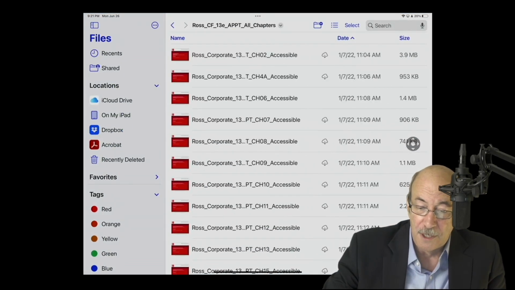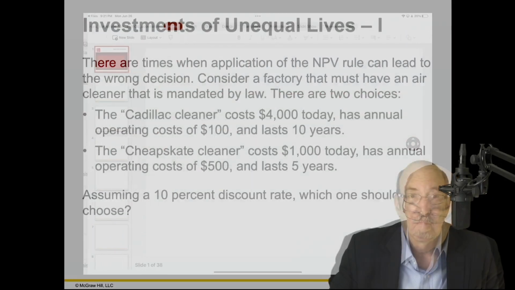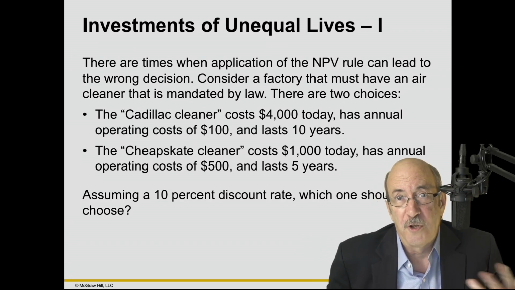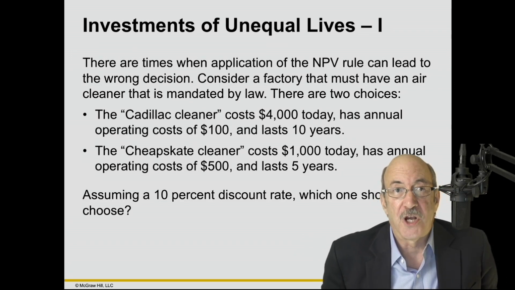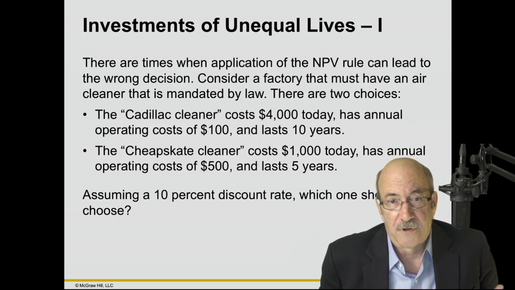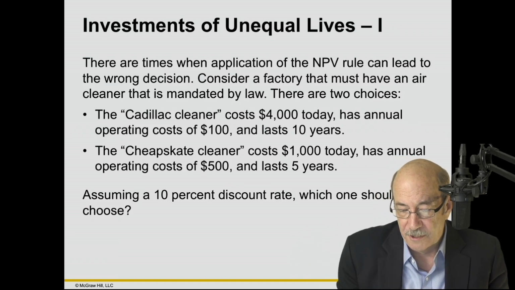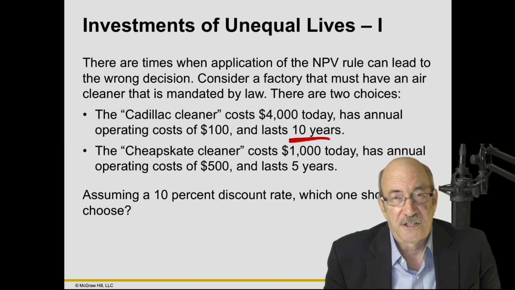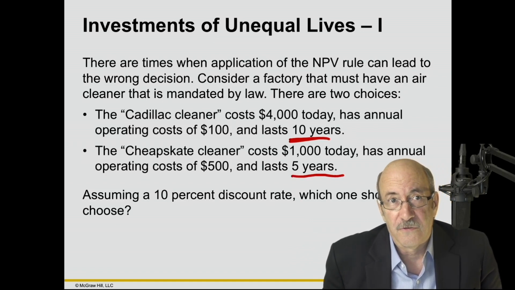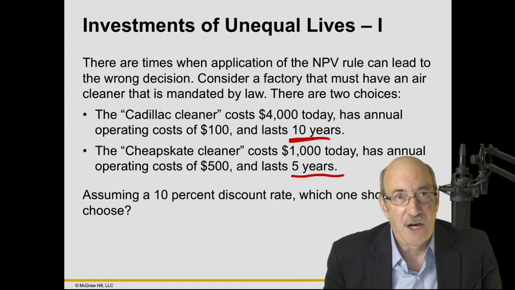All right. Let's go back to chapter 6. When it comes to unequal lives of two mutually exclusive projects, we have another problem. If one project lasts 10 years and the other only lasts 5 years, they're not directly comparable.